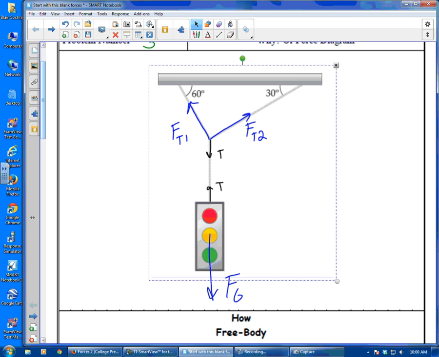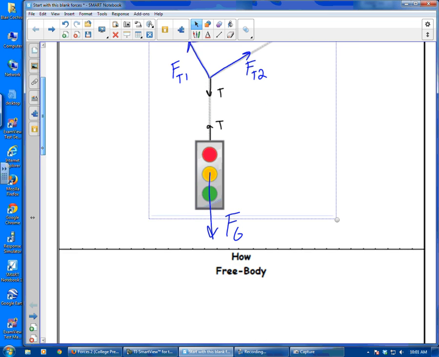Let me draw the free body and you'll see why I'm just going to go with the blue ones to simplify. You could have also pictured this as the traffic light attached directly to those 2 ropes, and it would actually be transferred up there through this tension.